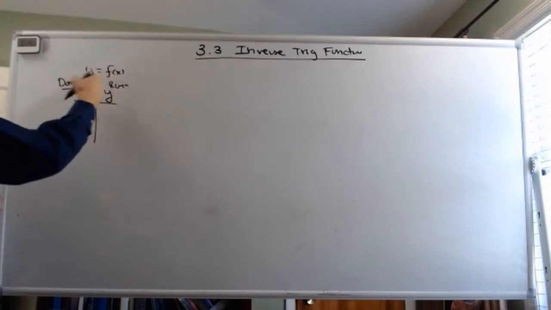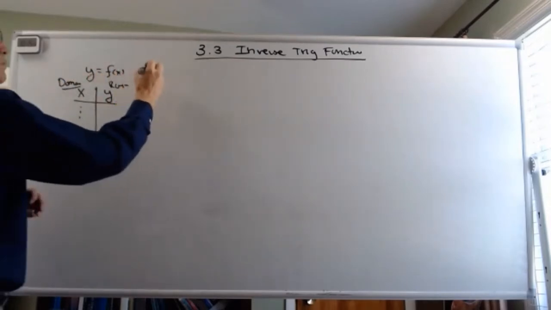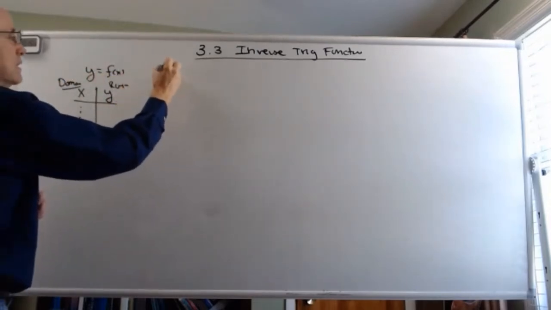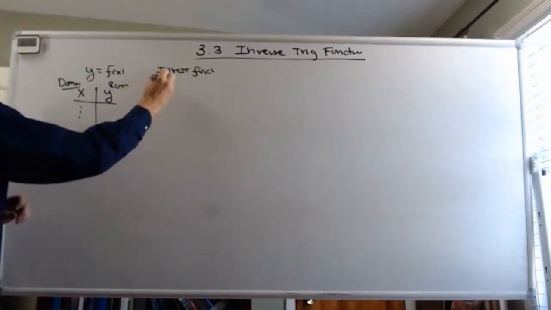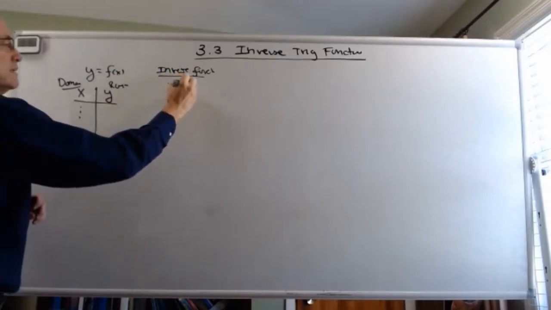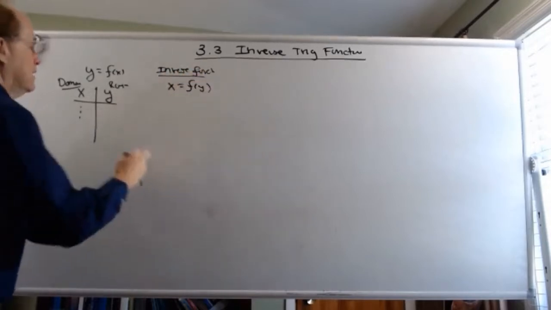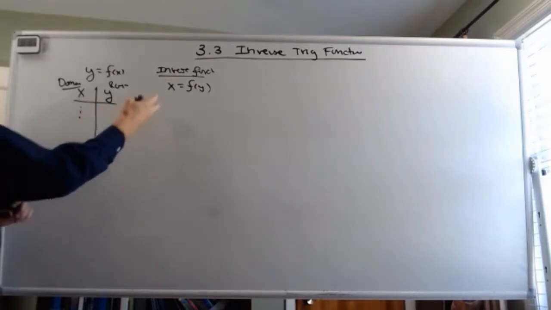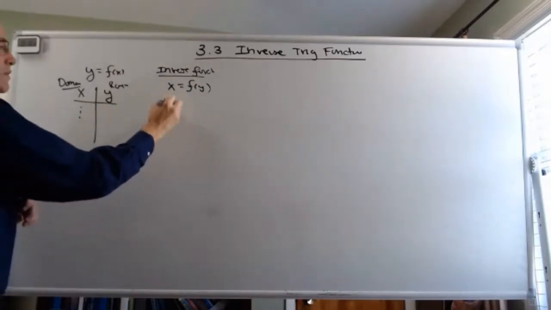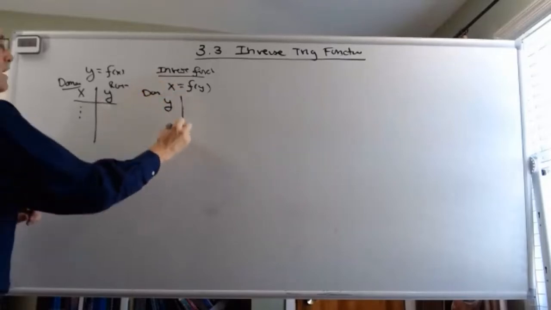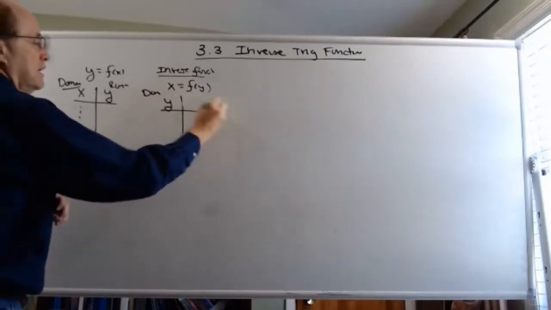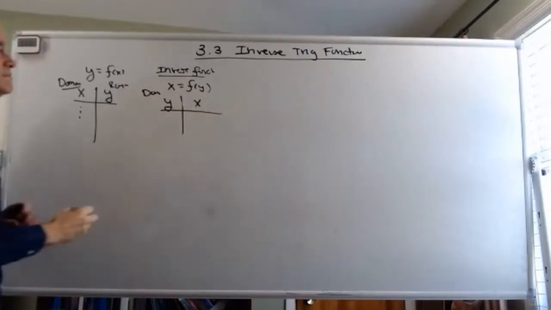You swap the x's and y's. So you dealt with an inverse function, and you defined it in this way. X and y swap their roles. So you got x is equal to f of y. And they swap their roles over here. So my domain now turned out to be my y values, and my range was the x values.